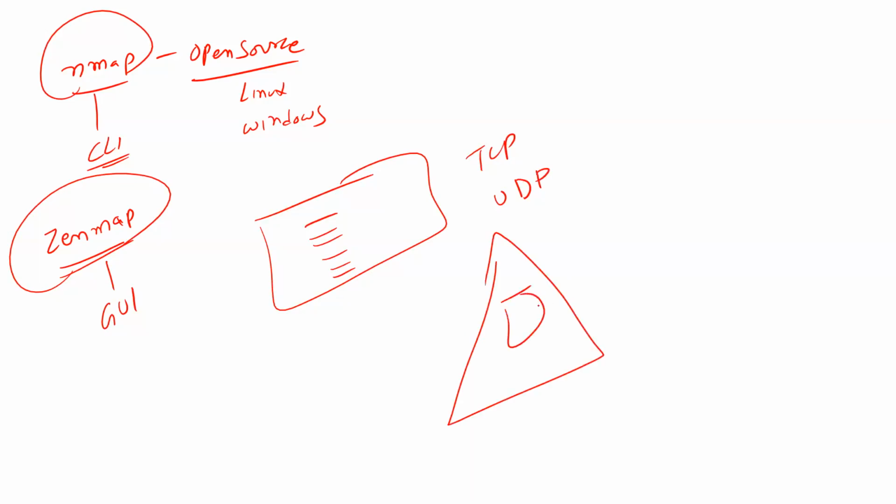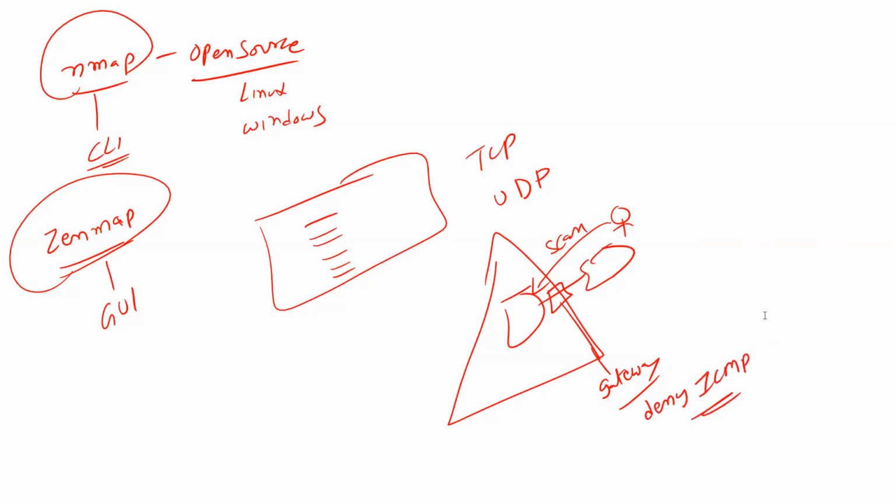Say for example you are a hacker somewhere on the internet and you are trying to perform a scan against a network. Now, let us say there is an internet gateway device on that organization's network which is configured to deny all ICMP traffic.